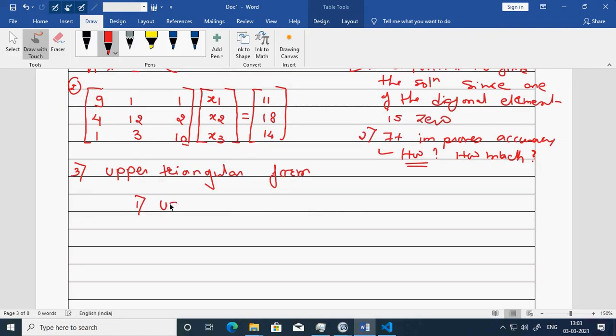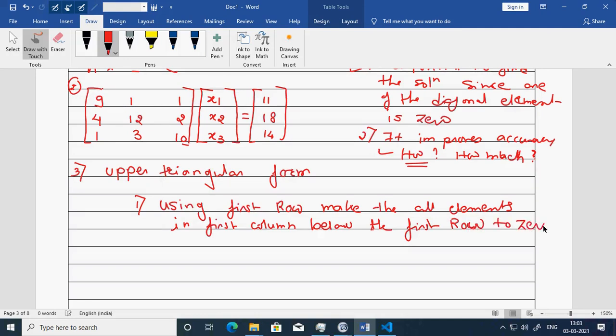First step is using first row, make all elements in the first column below the first row to 0.